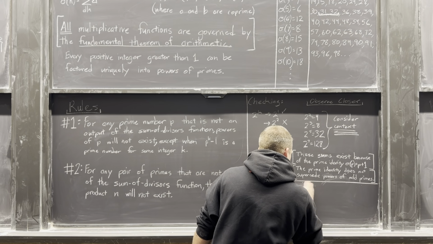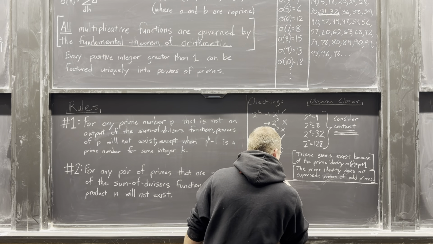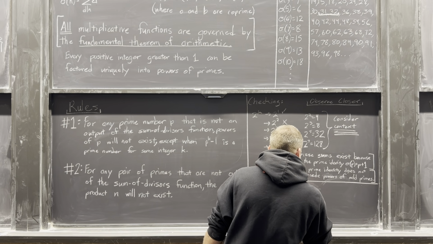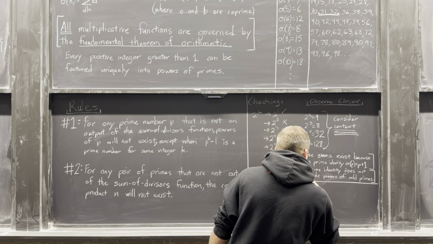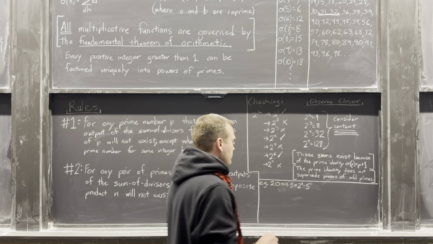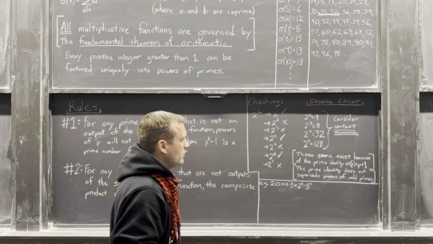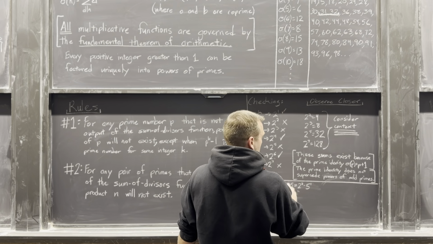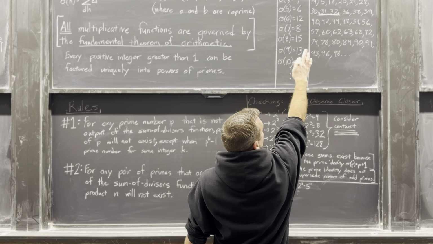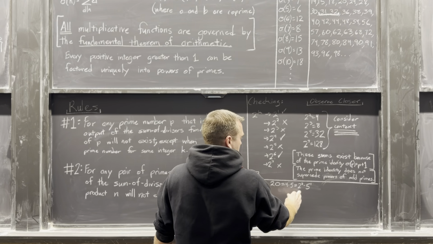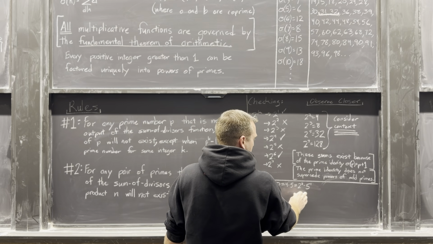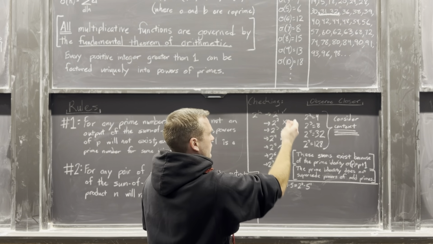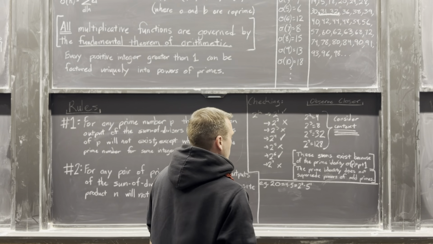Now let's break it all up. 20 is equal to 4 times 5, which is equal to 2 to the power of 2 times 5 to the power of 1. So 2 to the power of 2 is 4. We actually have that, right? We have that factor, but we don't have 5 to the power of 1. So how does this possibly exist?